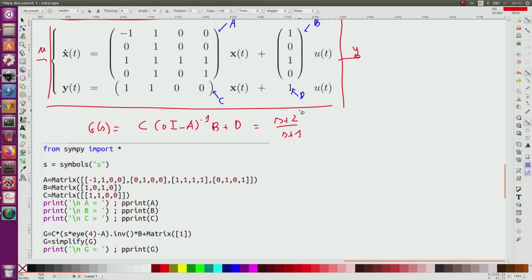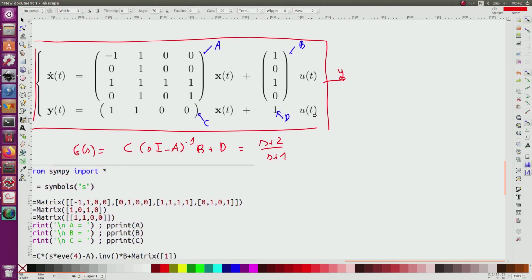Now, another way to compute the transfer function by hand is the following. I take the state equation, and I compute directly the Laplace transform, and I will try to express y hat with respect to u. From this equation, I can see that y hat is equal to x hat 1 plus x hat 2 plus u hat.